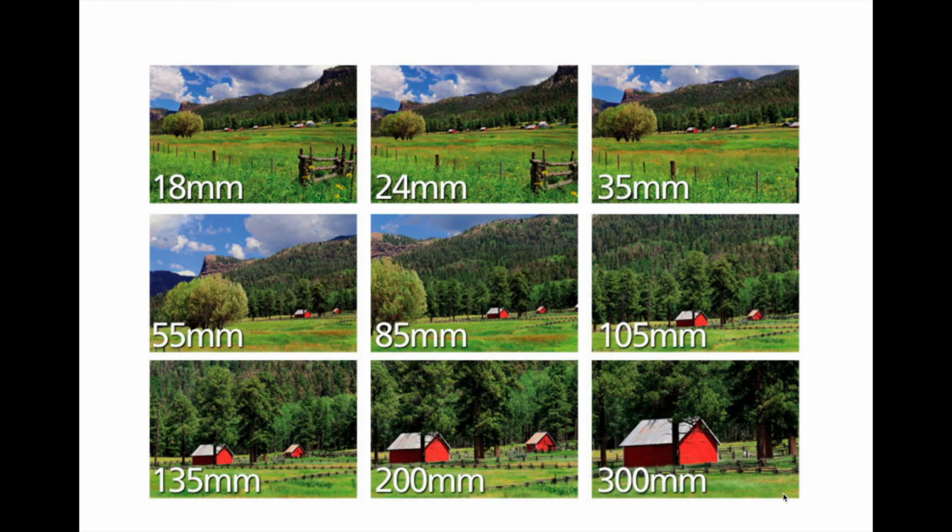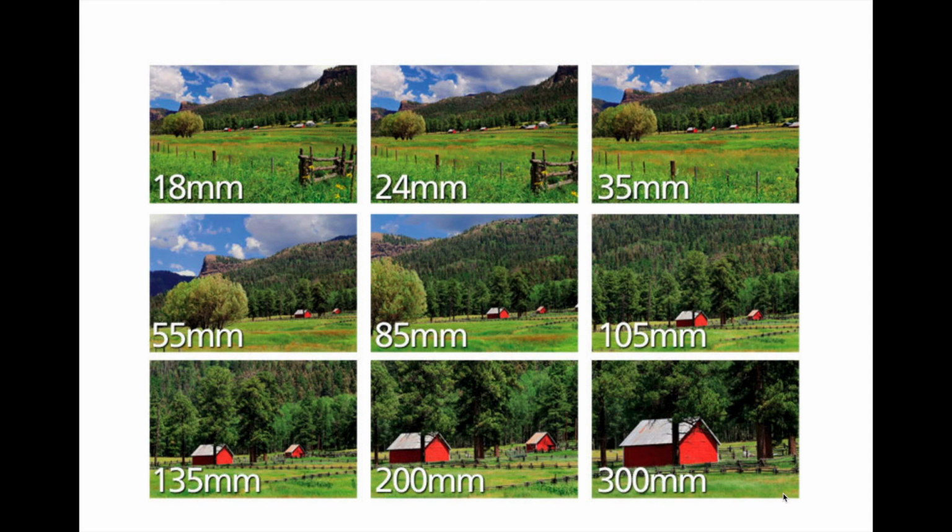So we start out and we have a wide area shot, 18 millimeter focal length. And as we zoom in to 24, you'll notice here the field of view gets smaller, but the pixels get a little bit bigger. Now it's not as easily apparent there if you're only going up 6 millimeters, but as you continue to go 35 millimeters, you'll notice here this barn gets a little bit bigger, right? And your field of view gets a little bit more narrow.